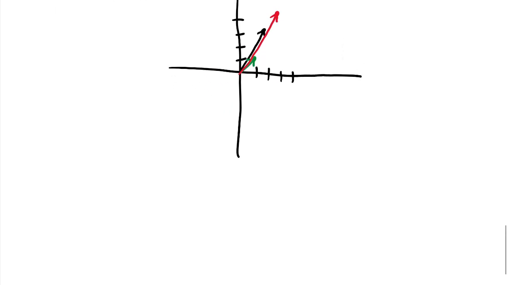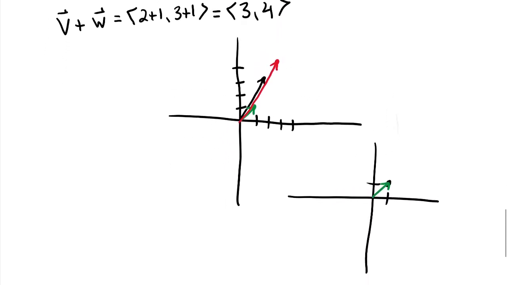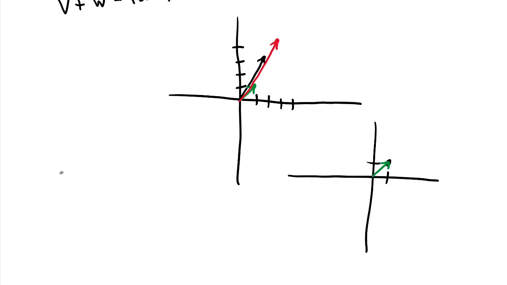I guess I'll do it down here to show it a little better. If we start with that vector w, and then instead of using the origin as the reference point, we use this as the initial point of v, so v is at 2, 3. Let's make its initial point 1, 1. That would make its terminal point, what color did we use? Black. So that would make its terminal point 1 plus 2, 1 plus 3, which is your vector addition, right?